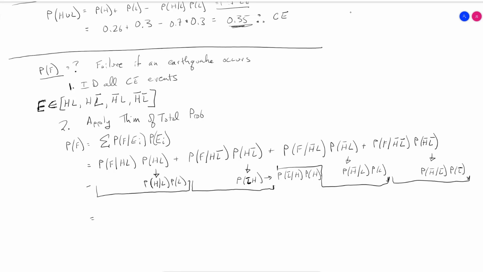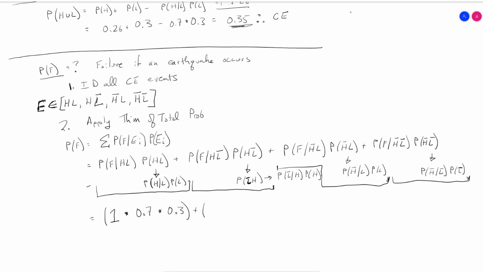In the problem earlier, it was stated that if we have high magnitude and long duration, then the tower is definitely going to fail. So that's 1 times H given L. That was something that we were given, so that's a 0.7, and times the probability of L, something that we were given, 0.3.